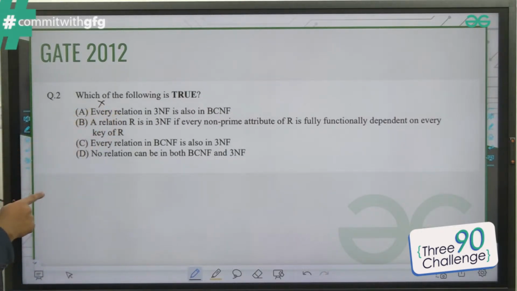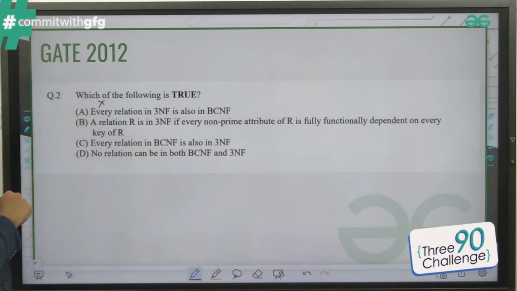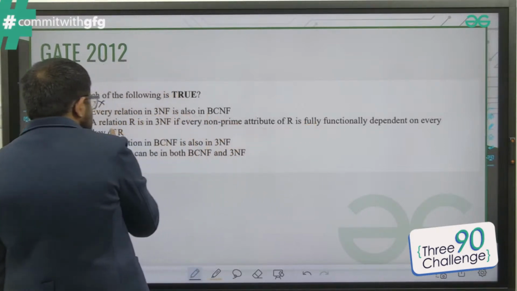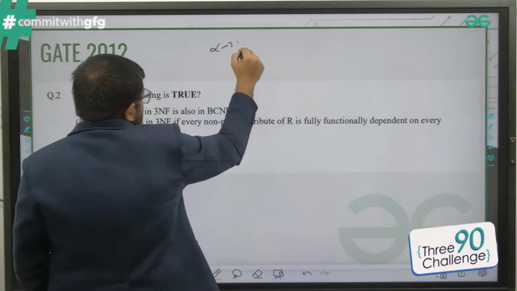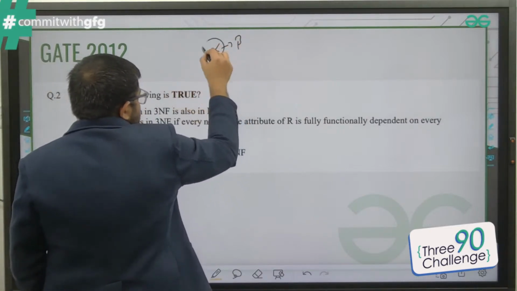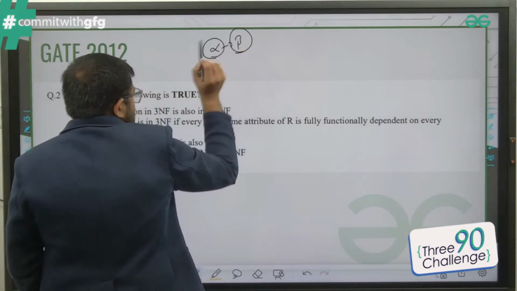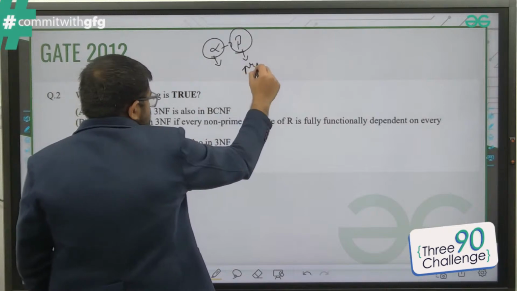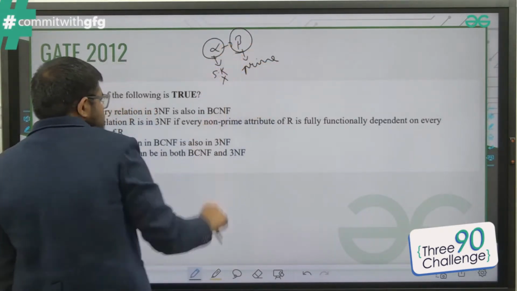A relation R is in 3NF if every non-prime attribute of R is fully functionally dependent on every key of R. Now, when do we say it is in 3NF? If for all functional dependencies, either alpha is a super key or beta is a prime attribute. So even if alpha is not a super key but beta is a prime attribute, then in that case also we say it is in 3NF, because one condition is holding true.